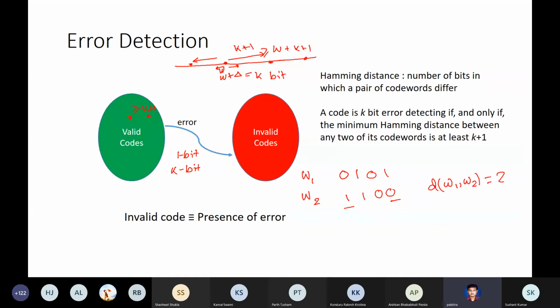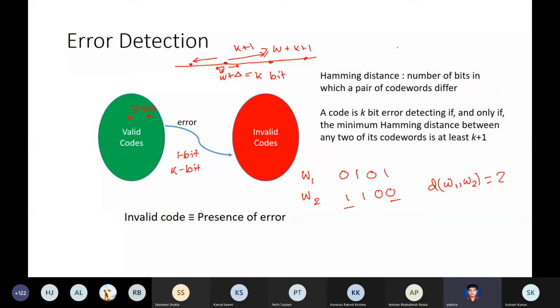You can actually show that if you want to correct, for example, a 1-bit error, you need at least a Hamming distance of three between two valid code words. Okay, so let's see why.